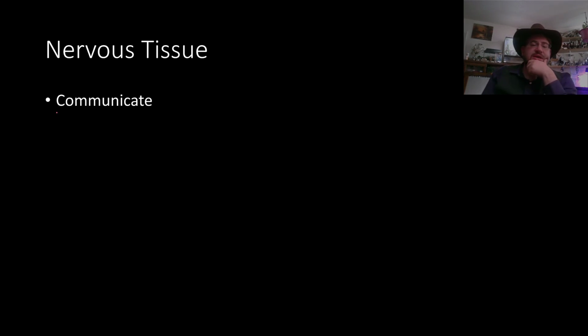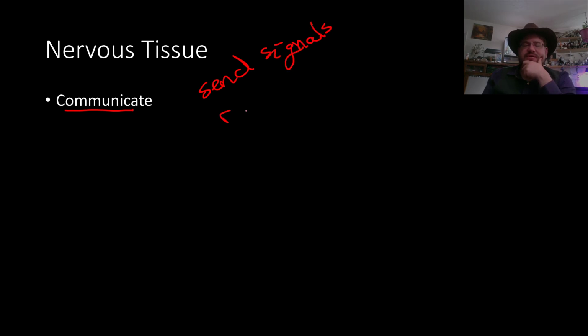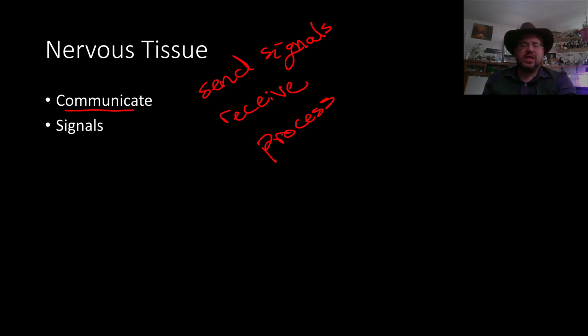Okay, so ultimately, communication. We send signals, right? We receive signals, and we process signals. It's all about information and signals. That's what the nervous tissue does. Send, receive, process. Take in information, process information, respond to information.